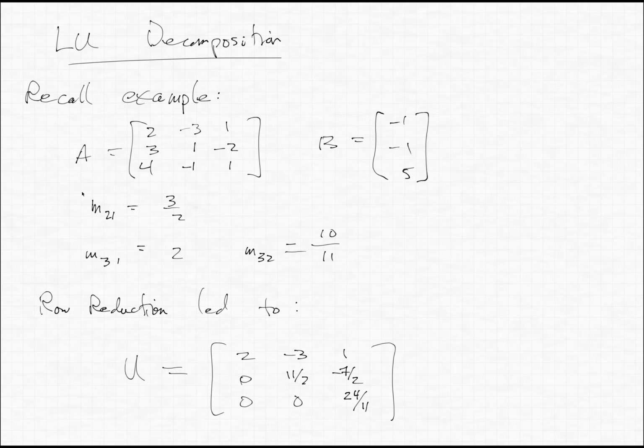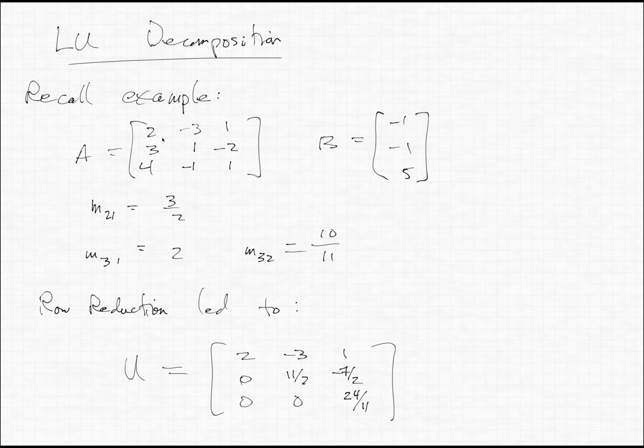And remember that we worked out the multipliers, so the ratio of 3 to 2 is the multiplier M21, and the ratio 4 to 2 is the multiplier M31. After finishing the row reduction and finishing the first column, we then moved on to the second column, and we figured out that the multiplier M32, at that point, the ratio of the third entry to the second entry, was 10 over 11.